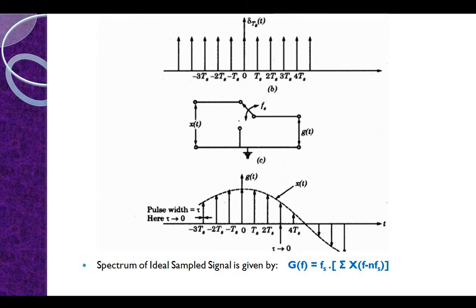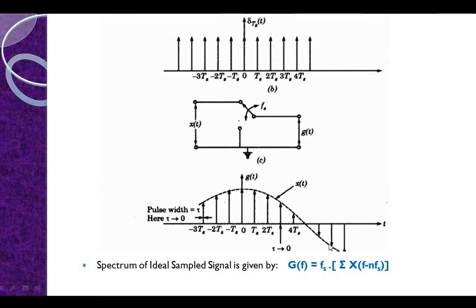During the on time, the amplitude value of m of t is taken, so this train multiplied into your message signal takes the amplitude of your message signal m of t. This is how it will be.